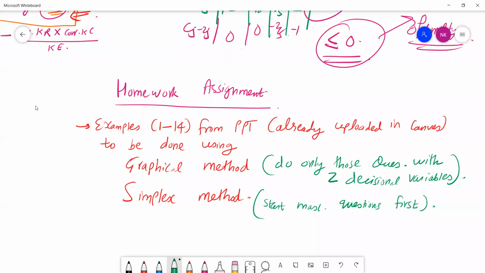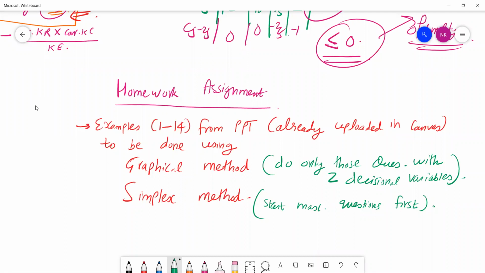We discussed 14 examples. Few of them, 3 to 4 of them, I have given you as homework. So overall, there are 14 examples. Now you need to find the solution for those 14 examples using the graphical method.